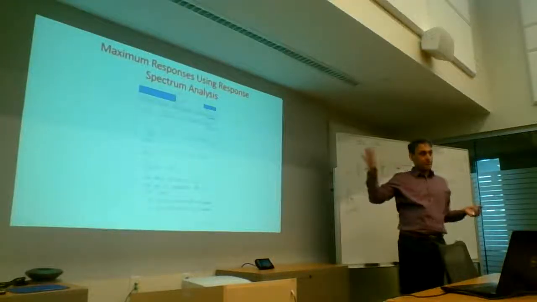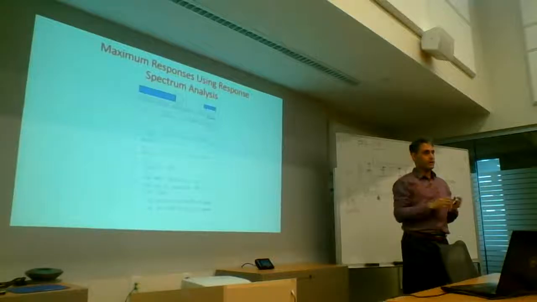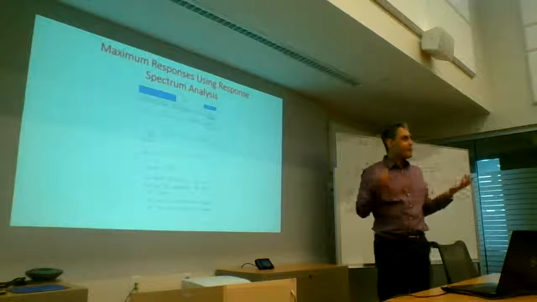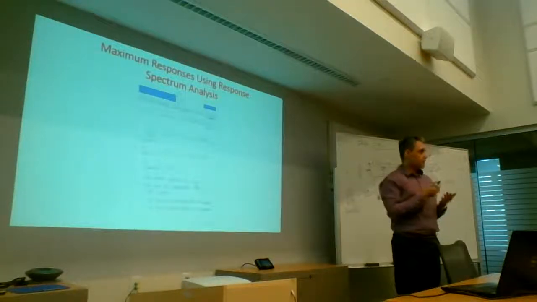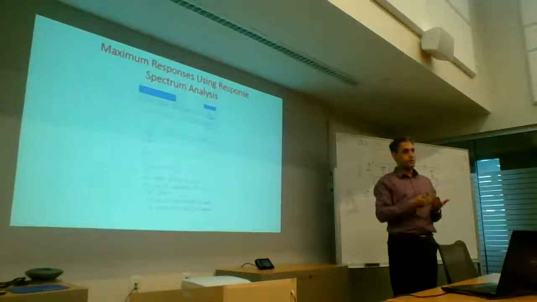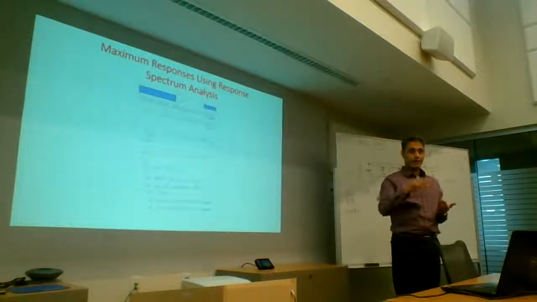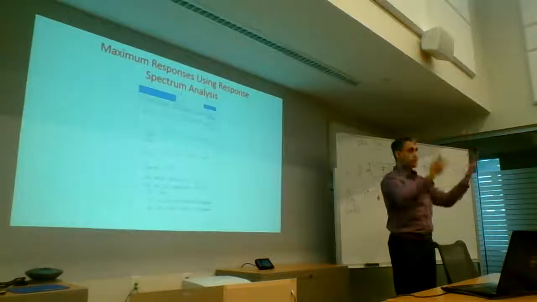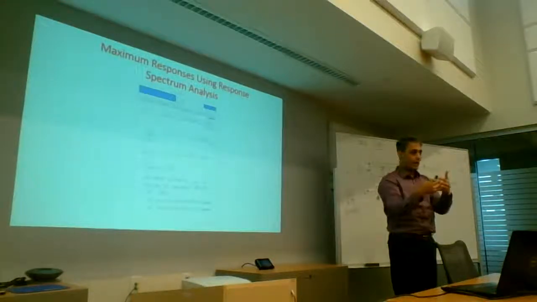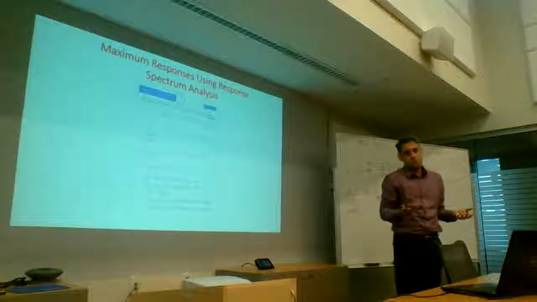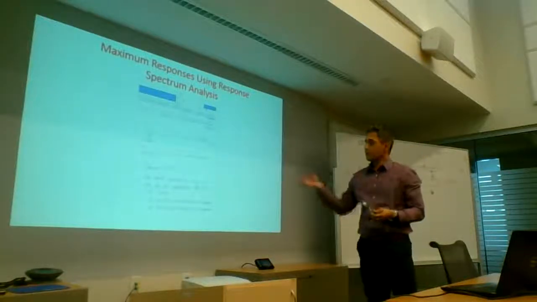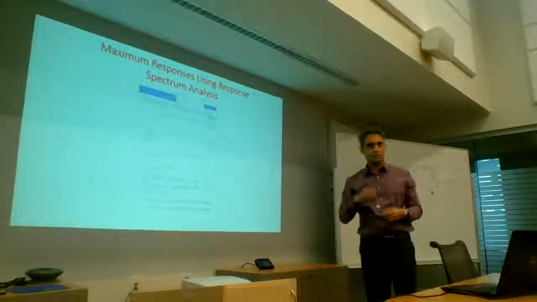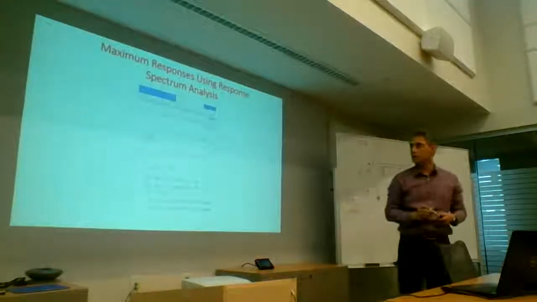Okay, so this, again, hopefully clears it up that if you're going primarily in one mode, higher mode effects are not there. So the combination rules that you apply are not very important. Conversely, when it is behaving in multiple modes, just adding their maximum values together, knowing that they don't happen at the same time, is perhaps not very wise. So we need to revert back to some sort of statistical combinations, which is SRSS or CQC.